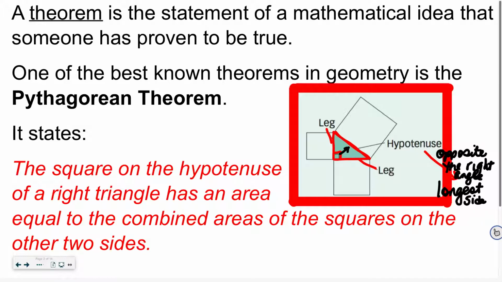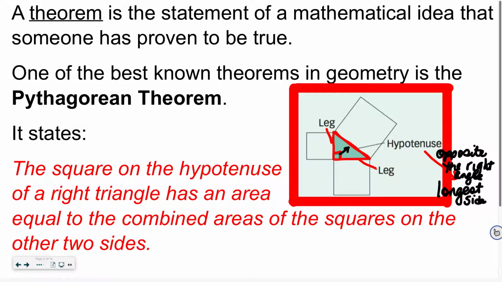Yeah, that's what we would label. So if you think about what makes up a right triangle, the right angle is made by the two legs. And the side that's opposite that angle, or across from it, is the hypotenuse.